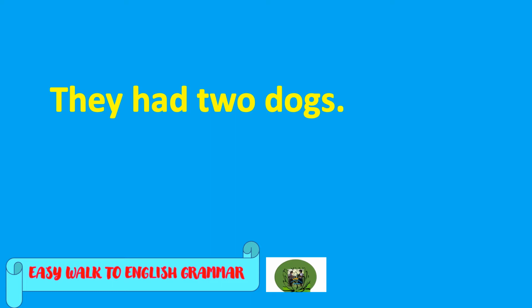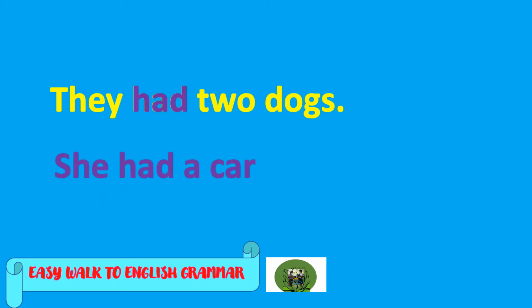Then we have to use the past form of have, that is had. And likewise, she had a car means she does not have a car with her now, but she had a car some days or years or months ago. So we used had here.